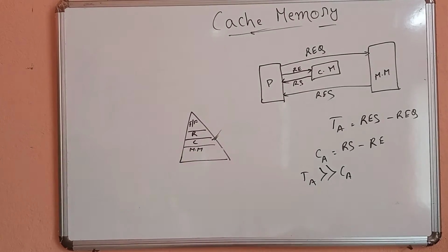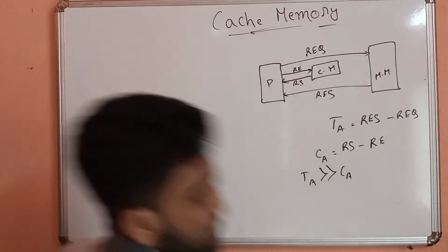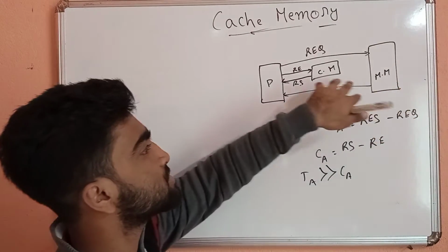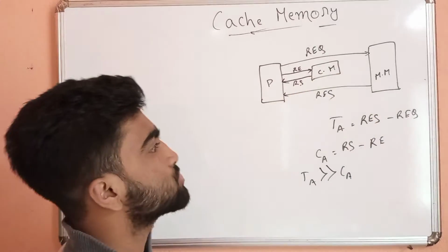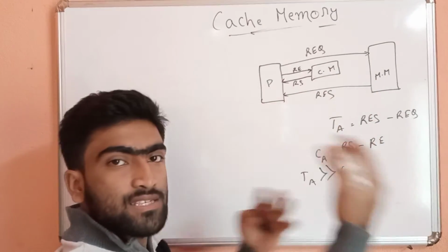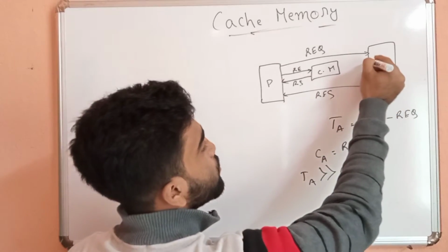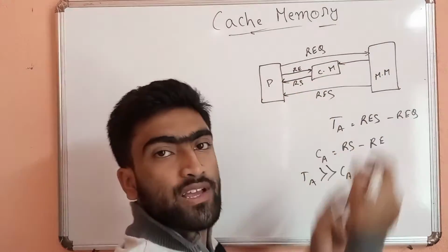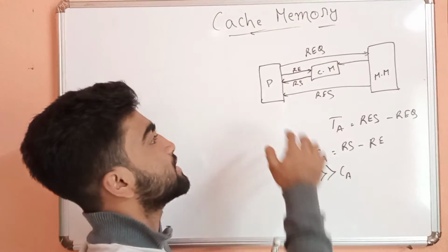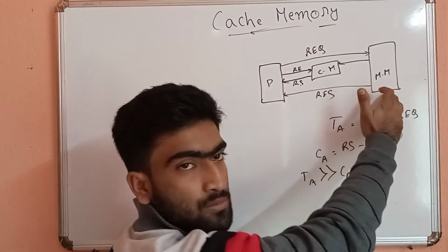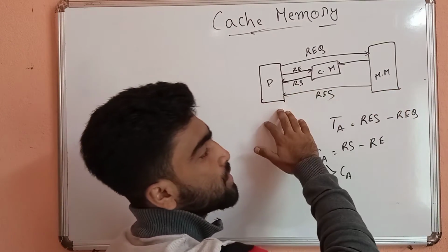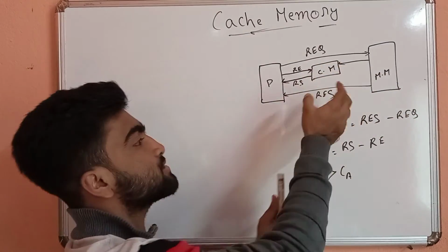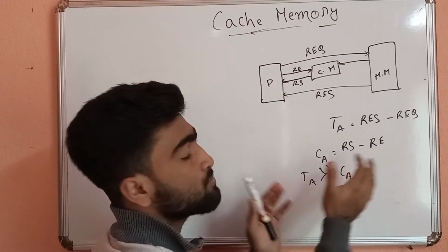Now for this to happen, the content of the main memory must be present in the cache memory. So the frequently accessed content is localized or copied into the cache memory, so that before the processor accesses the main memory, it first accesses the cache memory, and if it finds the data there, the access time will be much less.